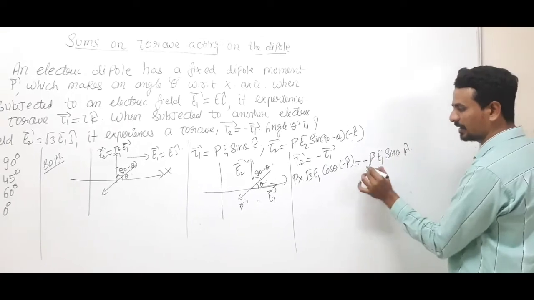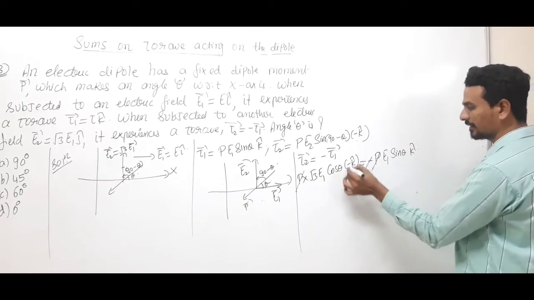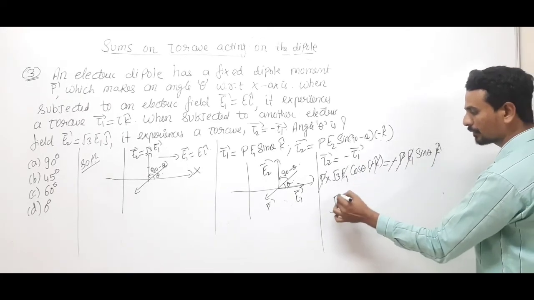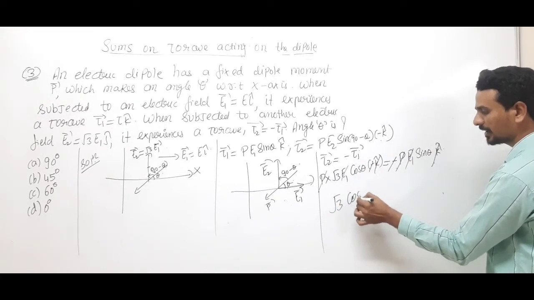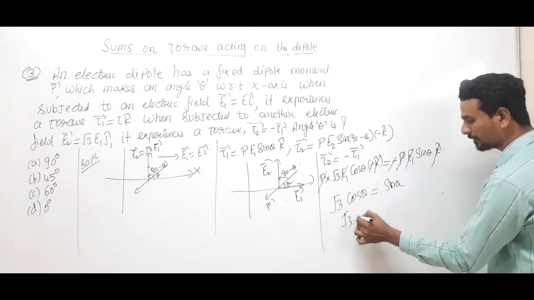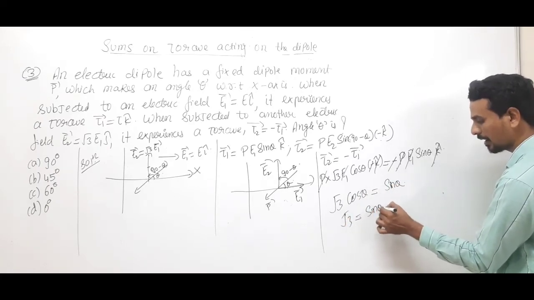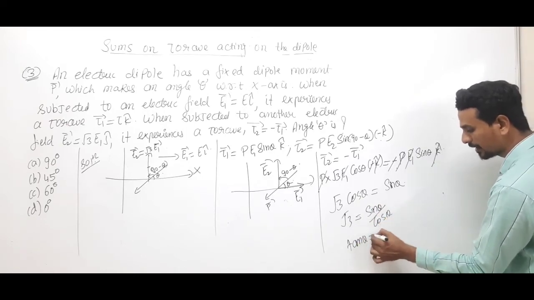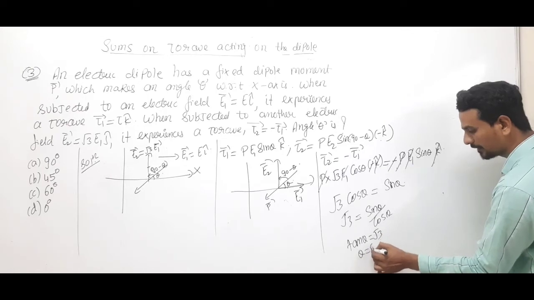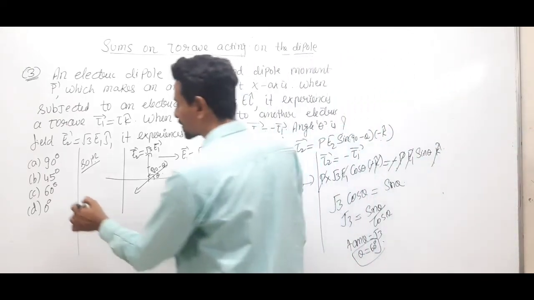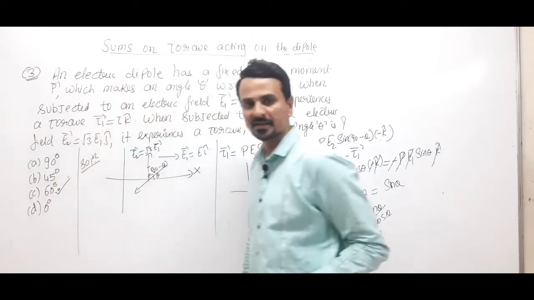P gets cancelled, minus k̂ gets cancelled, E1 gets cancelled. So root 3 cos theta equals sin theta. So root 3 equals sin theta divided by cos theta. So tan theta equals root 3. So theta will be 60 degrees. Got it? So your answer is option C, theta equals 60 degrees.